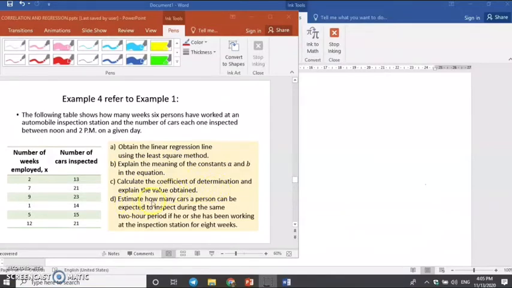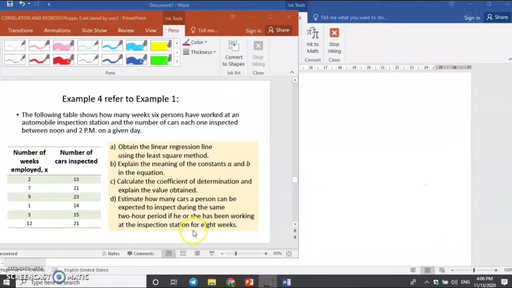And then D, estimate how many cars a person can be expected to inspect during the same 2-hour period if he or she has been working at the inspection station for 8 weeks. So that means, like what I said earlier, the use of linear regression is to predict the future outcome, right?